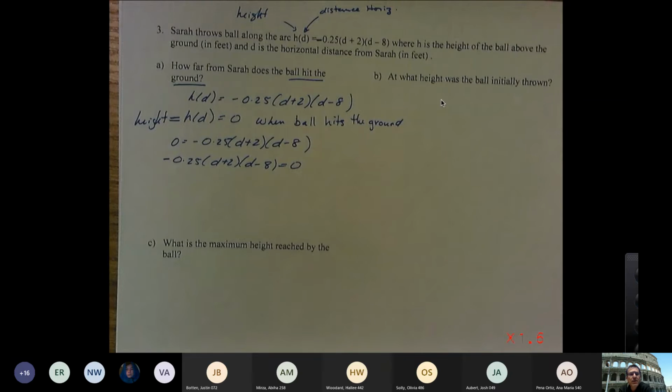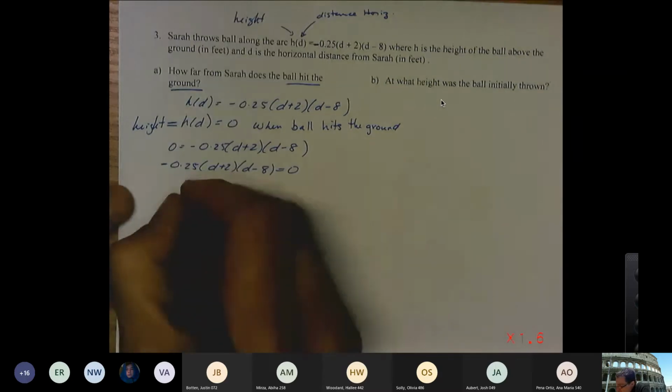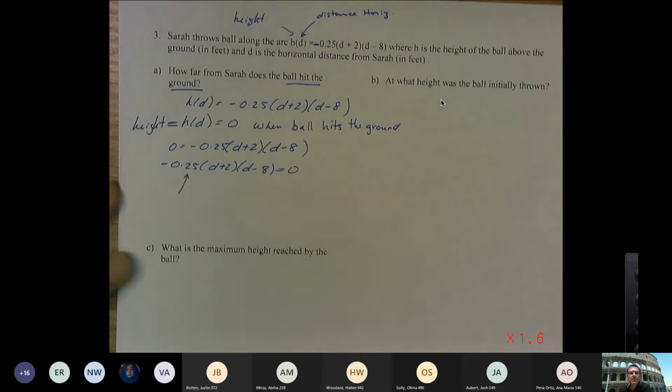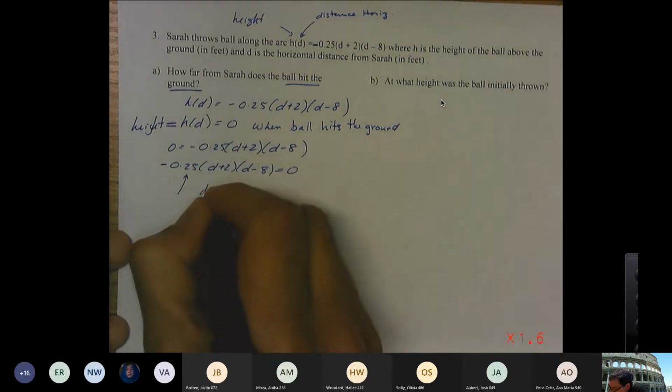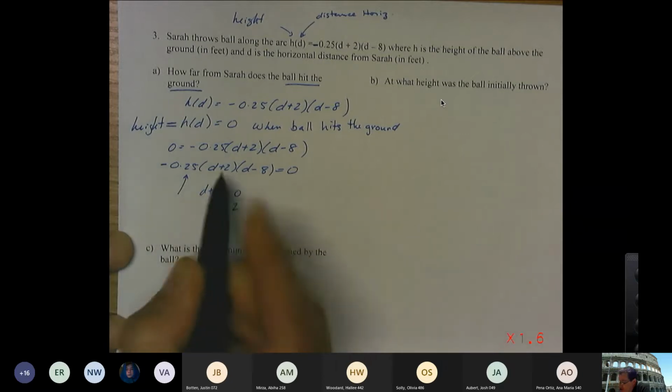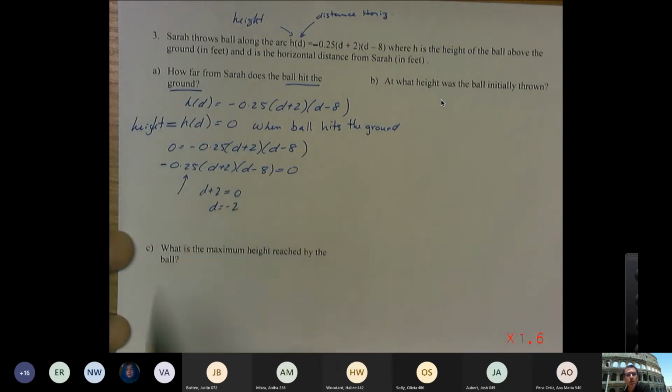And so we now need to determine the values of d that will satisfy that, that'll make it equal to 0. Well, there's absolutely no values of d that'll make 0.25 equal to 0. 0.25 is 0.25. However, if d equals negative 2, then this equals 0.